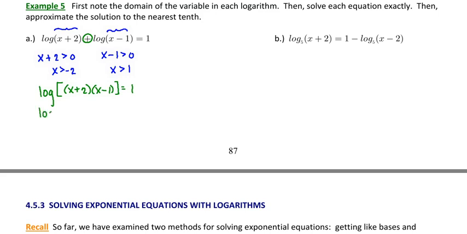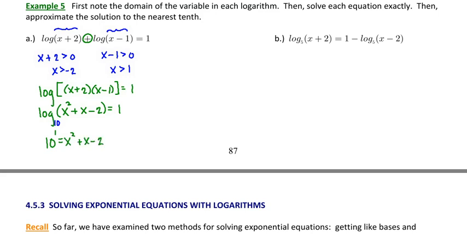We can go ahead and FOIL out that argument. We'd get x squared. Outside and inside terms would combine to give us x minus 2 equals 1. Then we'll convert to exponential form. Assuming a base of 10 here, the exponential form would be base 10 exponent 1 equals x squared plus x minus 2.